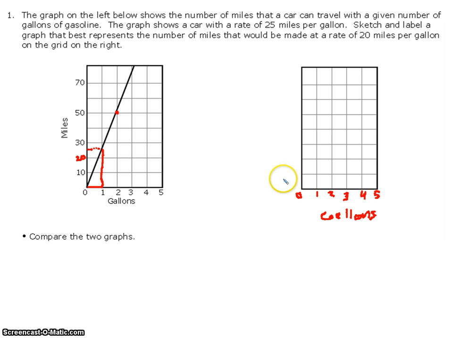And on this side we'll label it the same way. We'll have 10, 30, 50, and 70.